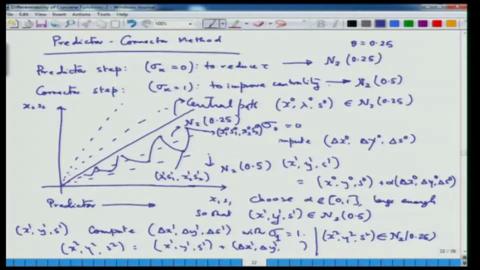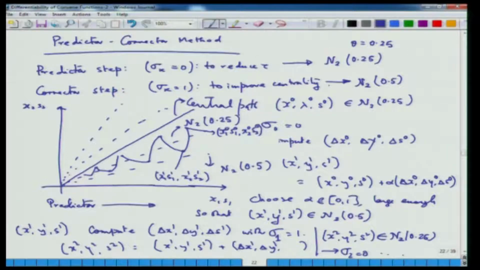Here I have come to the x2 y2 s2 point, I come to the x3 s3 point on the outside, and then I will choose sigma again. You will just choose sigma 2 equal to 0 and proceed. You come to this point, choose sigma 3 equal to 1 and proceed. So, in this way, back and forth, you will keep on computing.